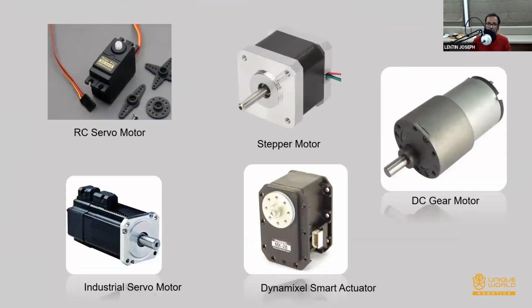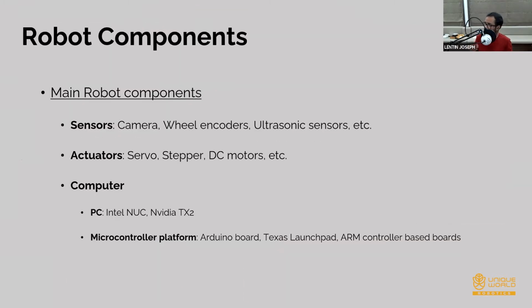Robotic components. For example, if you want to put sensors on the robot, there are many sensors available. Some of the sensors are the camera. Then, in order to compute the distance traveled by the robot, there are wheel encoders.